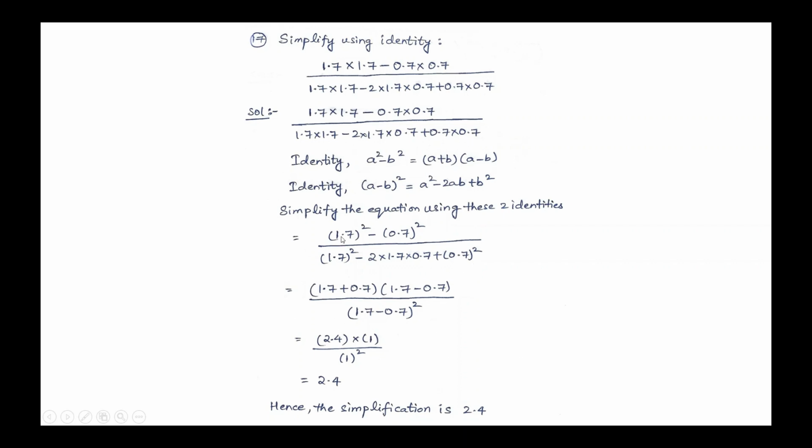So that's 1.7² − 0.7², which is (a + b)(a − b).